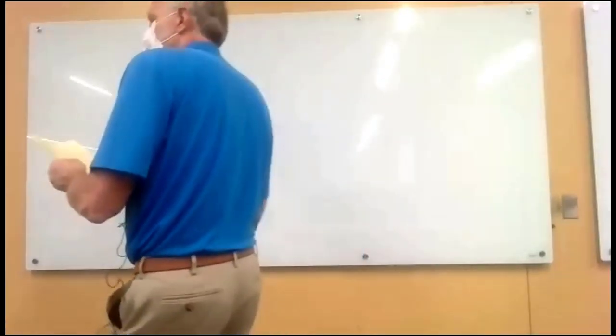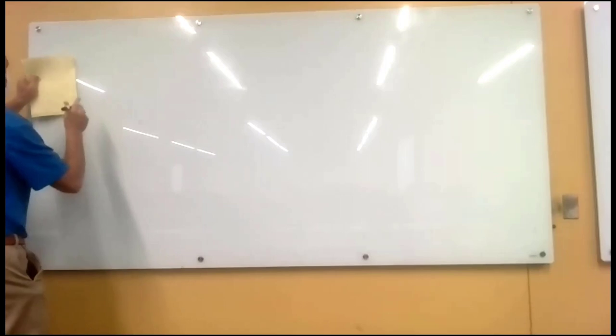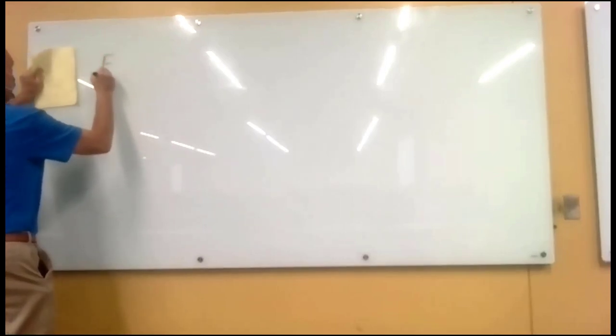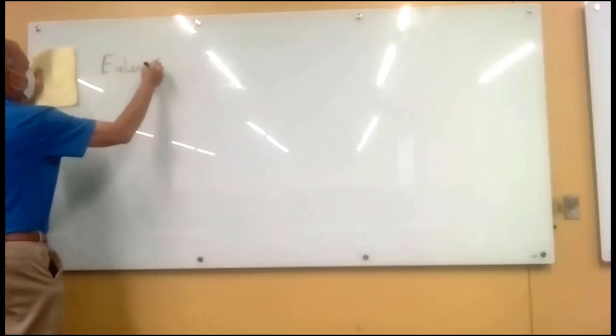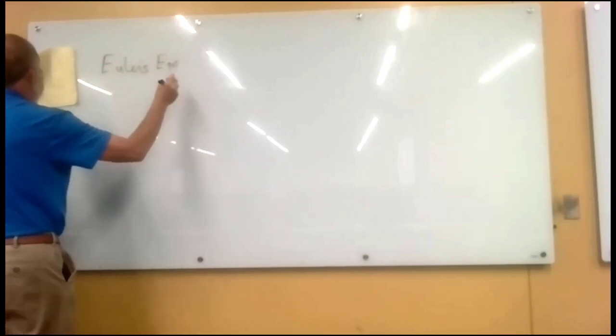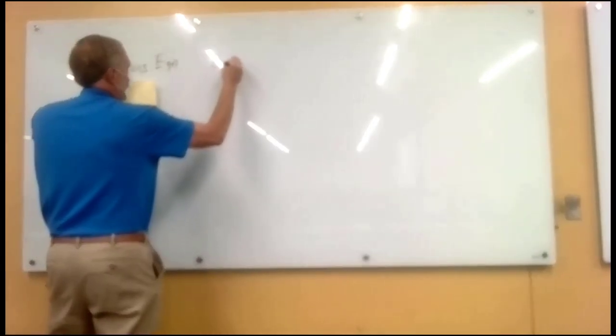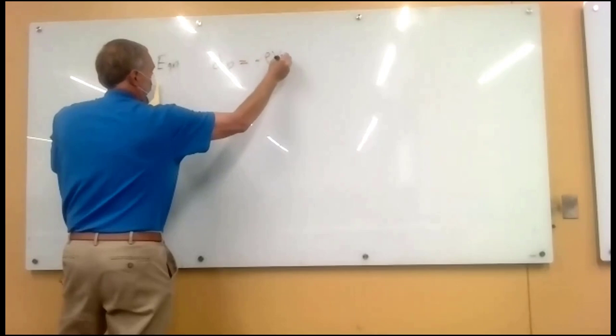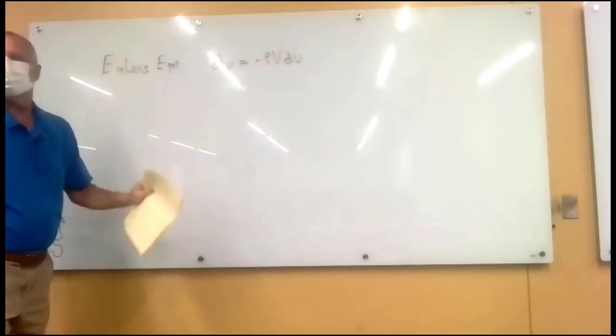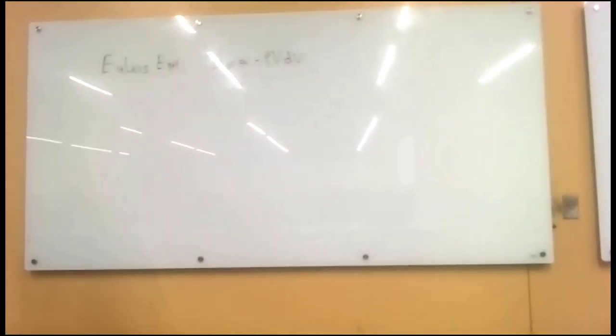And so this thing comes from Euler's equation. This is where we drew the little fluid element and we looked at the pressure forces acting on it. And this is essentially Newton's laws for fluids.